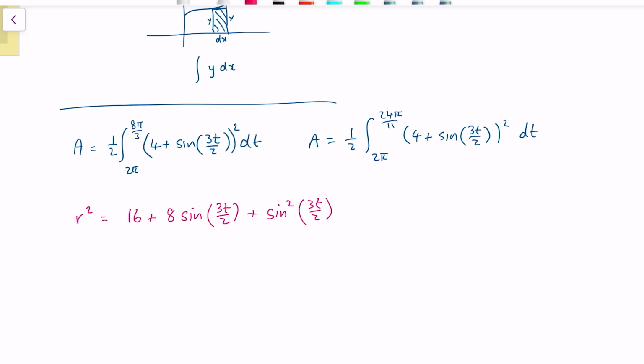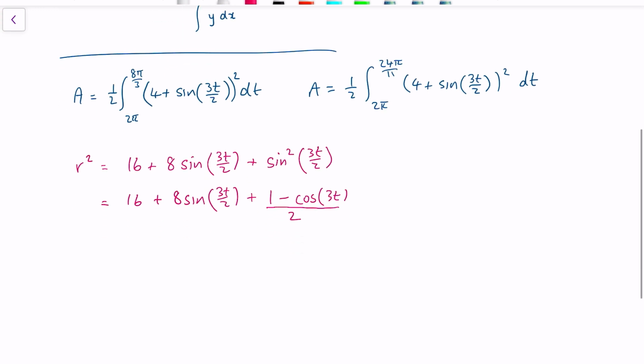And then that sine squared expression, because we want to anti-differentiate it, we need to use a trig identity for it. We're going to use the sine squared one that turns into the double angle cosine. So it's 1 minus cos 3t all divided by 2. It's a rearrangement of the double angle formula.